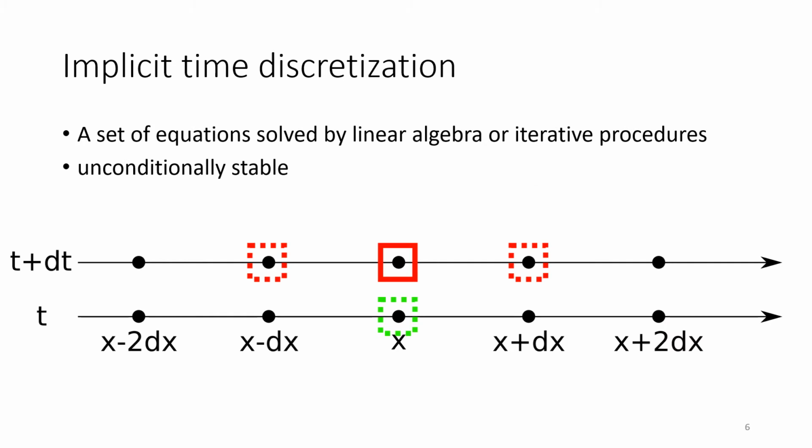The implicit time step is different to this because it doesn't only require my current position. Of course, this is always needed. I need my current variable value, but it sets the future time step value in relation to its neighboring points in the future.